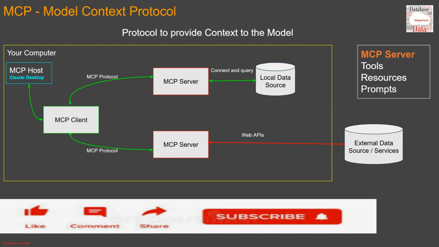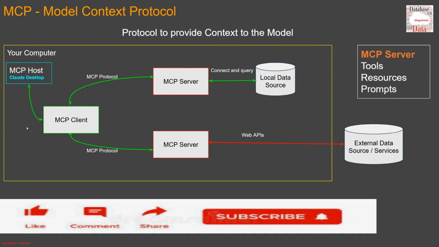So the way the architecture works is, you have your computer here, and here you will have your Claude, or ChatGPT or Copilot, VS Code, Cursor, anything. This is your MCP host. A host is basically something that is on your desktop, and it has a connection to the LLM.